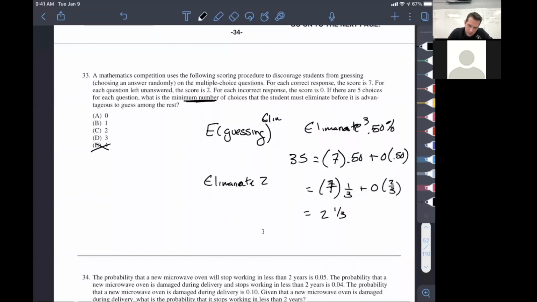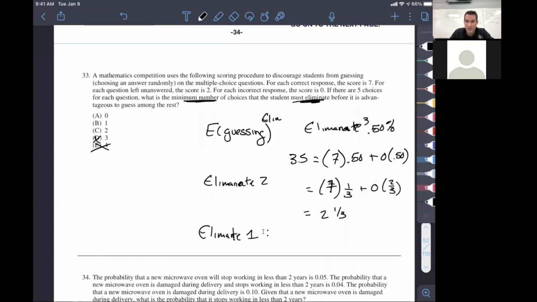So we're trying to find the minimum number of choices that students must eliminate before it's advantageous to guess among the rest. Well, if I only eliminate one, then there's a 4 out of 5 chance that I get it wrong.